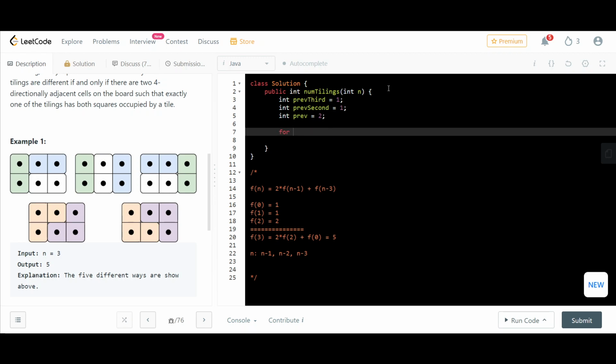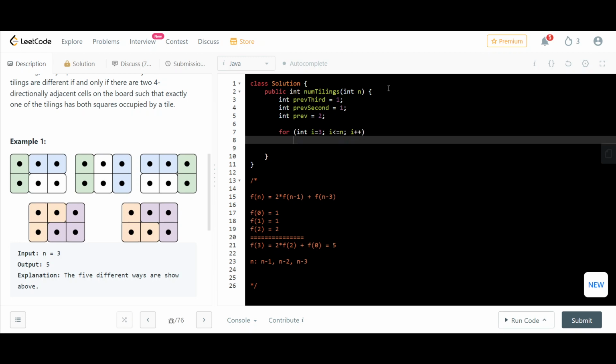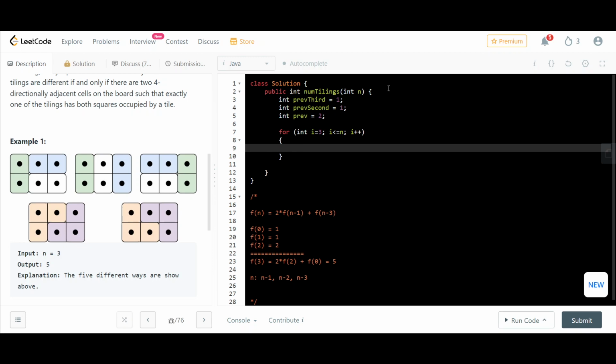Now I want to solve for, so I know till f of 0, f of 1, f of 2. I want to solve for f of 3, so i equals 3, i is less than or equal to n, and i plus plus, and obviously I get this.